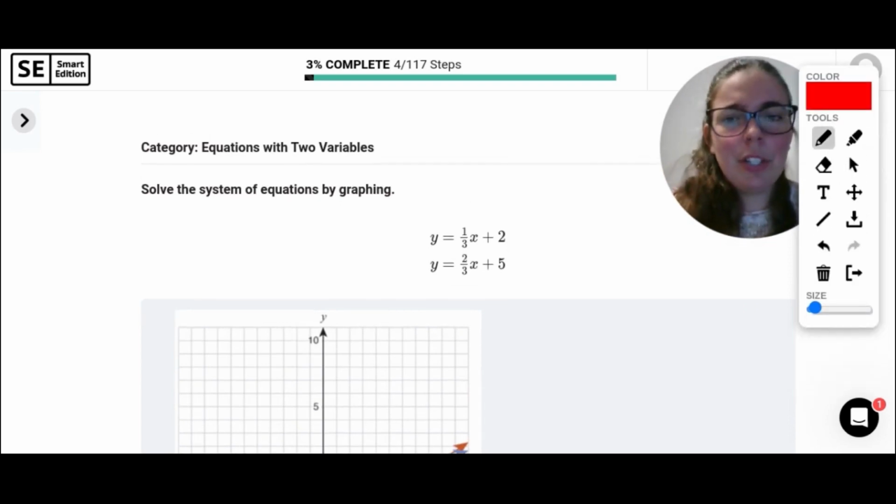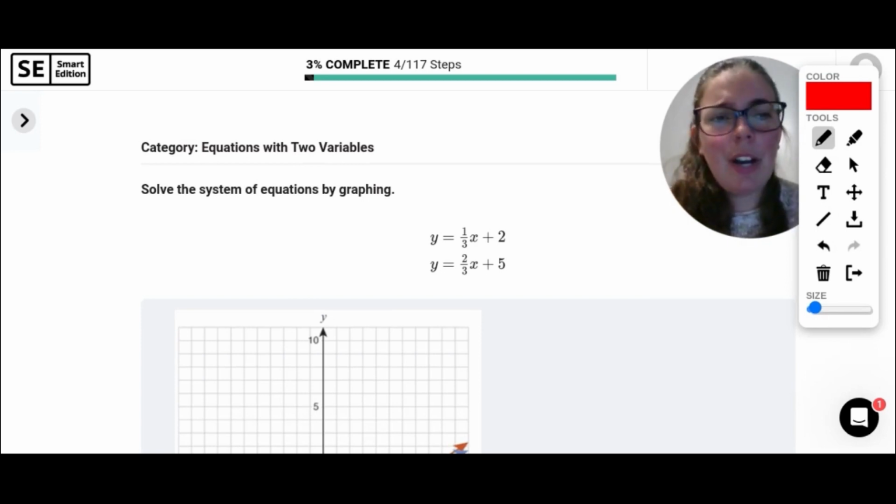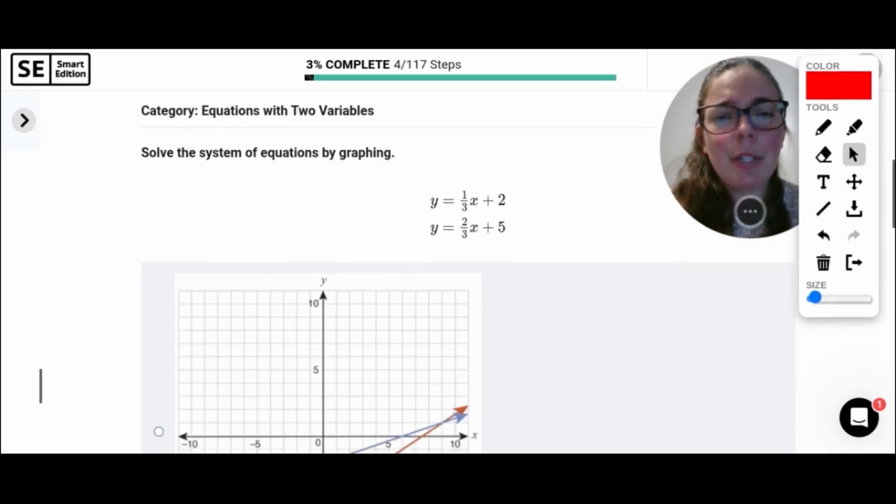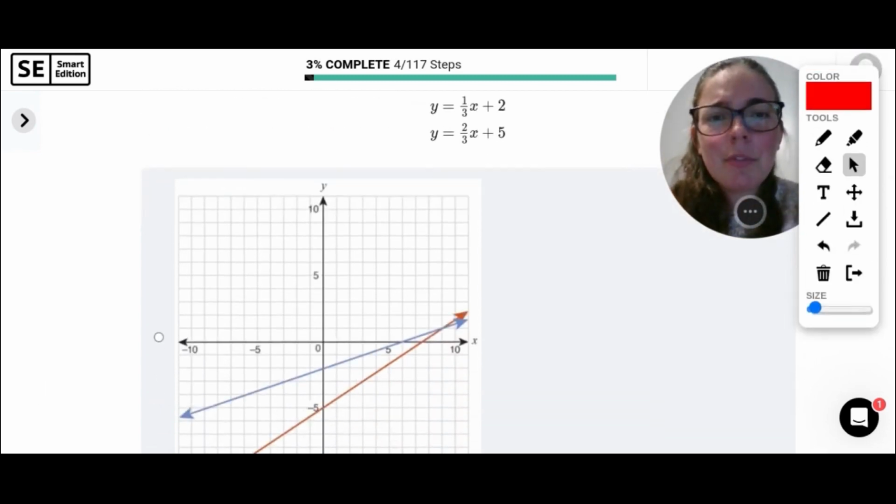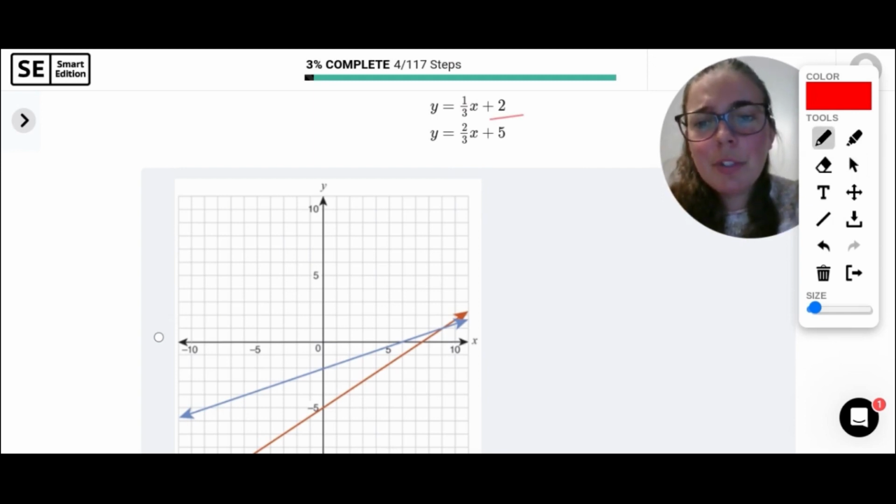All right, this next question, let's solve by graphing. y equals 1/3 x plus 2 and y equals 2/3 x plus 5. So to do this question, we need to know how to graph our equation. So 1/3 x plus 2 has a y-intercept of 2 and a slope of 1/3. So let's see. Y-intercept of 2, well, this does not have a y-intercept of 2.